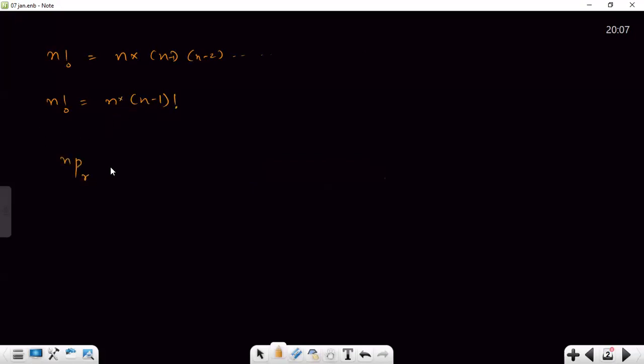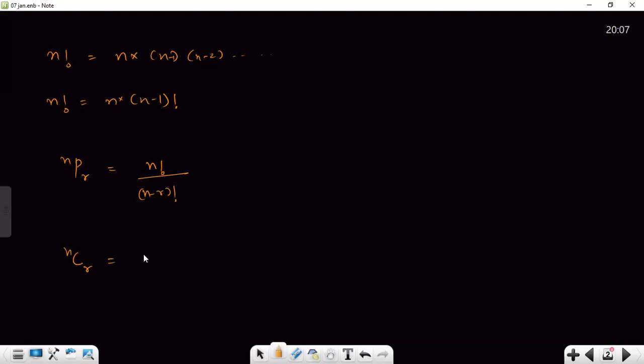If we have to find out the total number of permutations, that is, the total number of arrangements that we can do with r elements out of n, then we'll simply solve the number of ways by using this formula. In this case, we were selecting r elements from n and then arranging them.